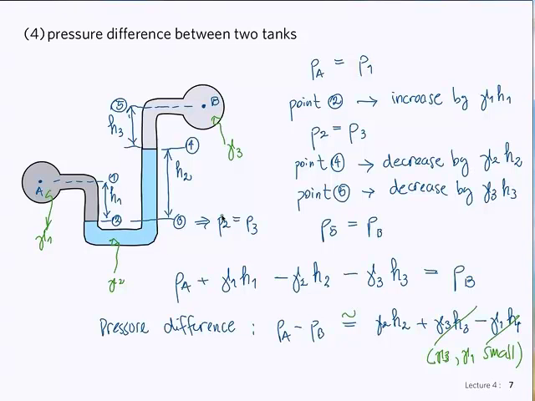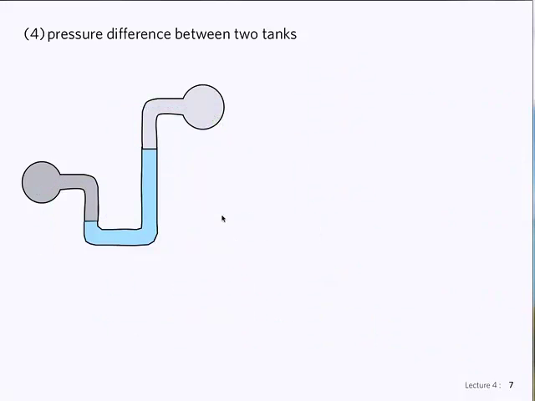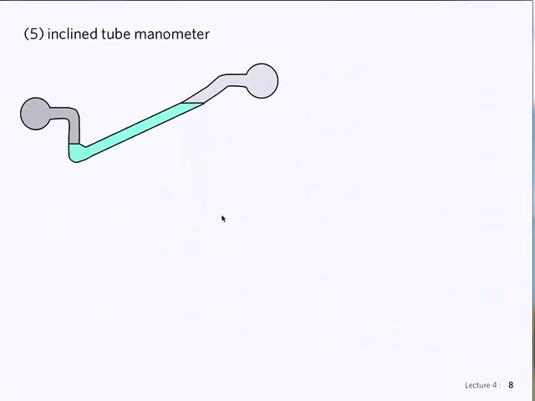This is a typical manometer situation. And the last one is the inclined tube manometer. It's exactly the same as the previous one. The only difference is that this U-tube is now inclined at a certain angle, and this is used to measure very small pressure changes.